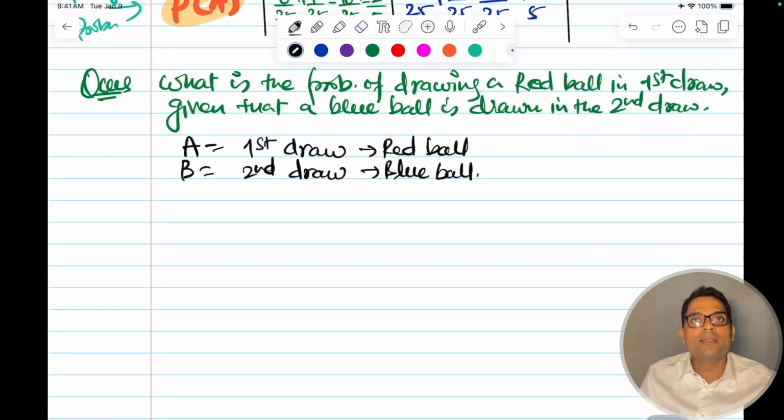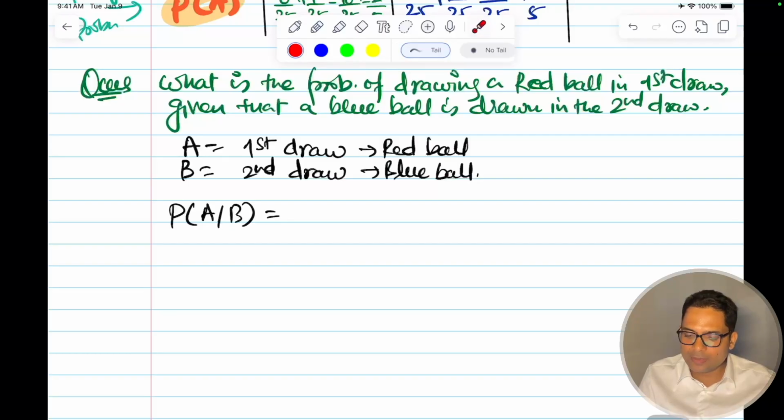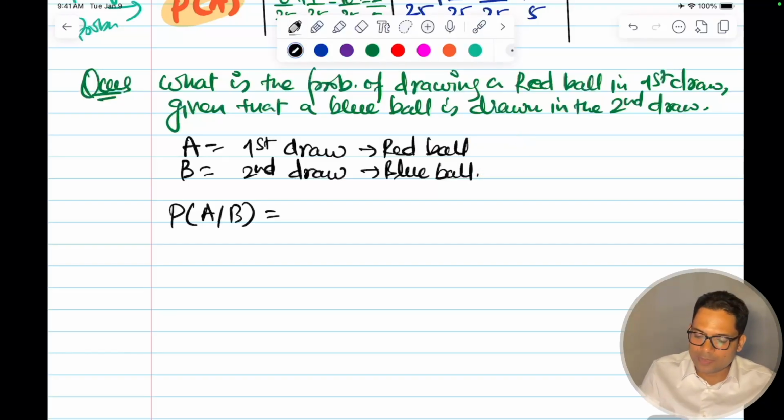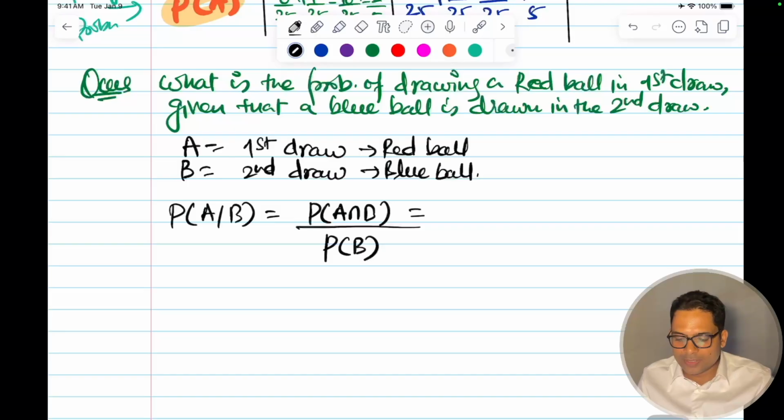So let's write it down as conditional probability. Probability of A given B, we know that a blue ball has already been drawn. What is the probability of a red ball? A given B is probability of A and B by probability of B. So let's find it out.